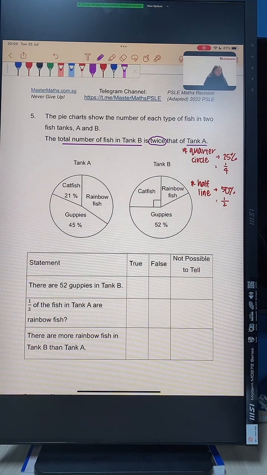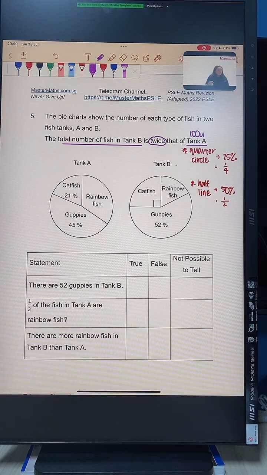But because we are looking at percentage, instead of 1, we use 100 instead. For those of you who said 1 unit, I'm very happy you remembered. But instead of 1, we use 100 because we are looking at percentage. So 100 units in tank A. I don't know how many, I will call it 100 units, okay? Not 1, because in total in a pie chart we have 100%.